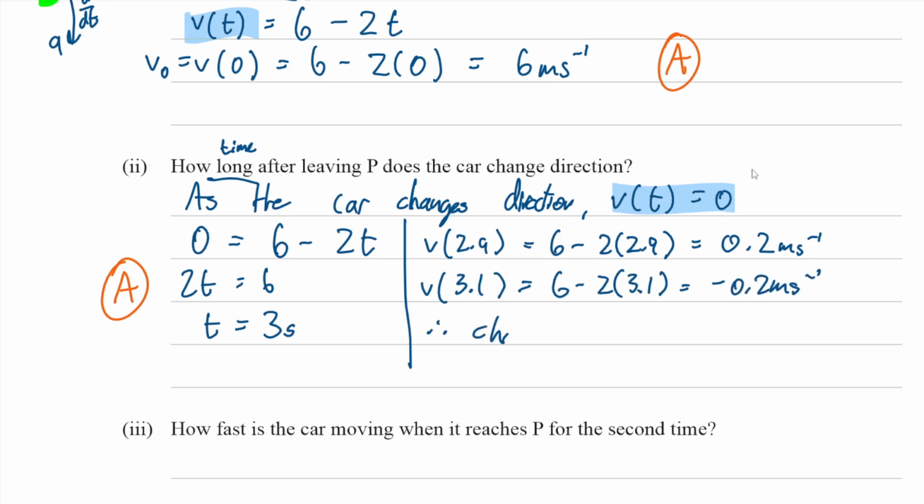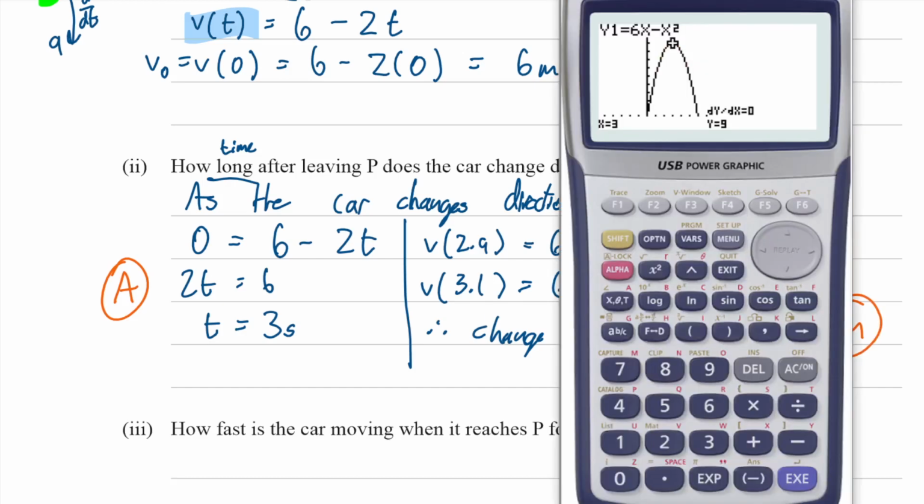Therefore, it must change direction at 3 seconds. Cool. Alternatively, you could sketch the graph that we just did together before to show that it's a maximum point and that to the right it is returning back to the start.